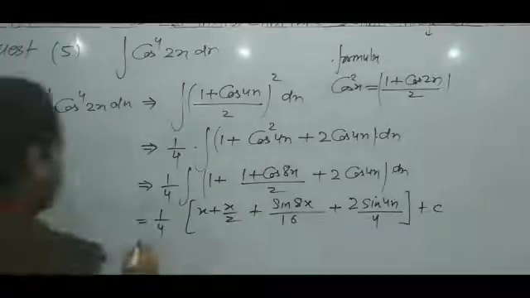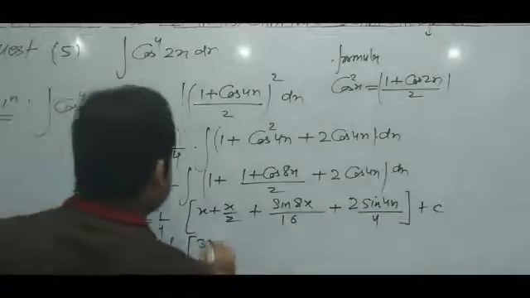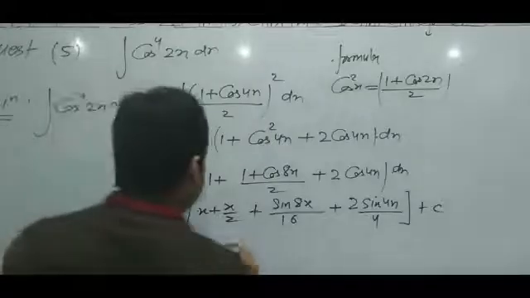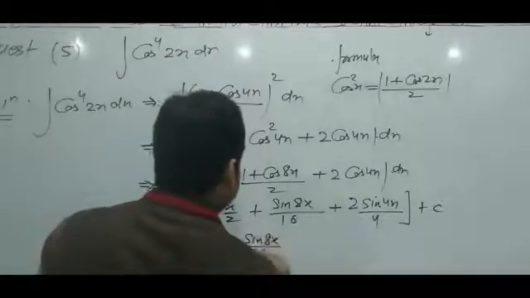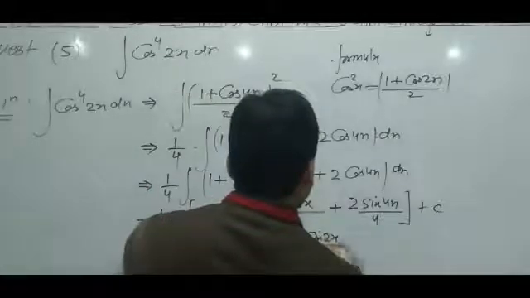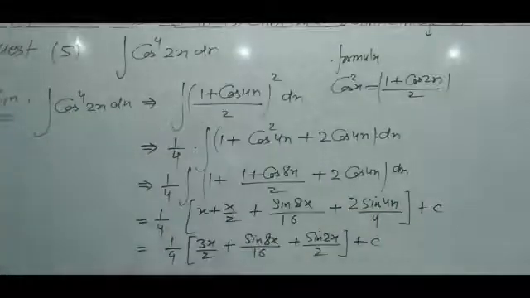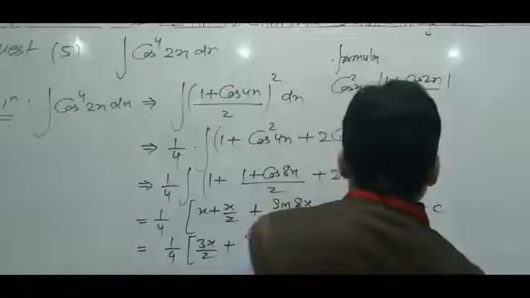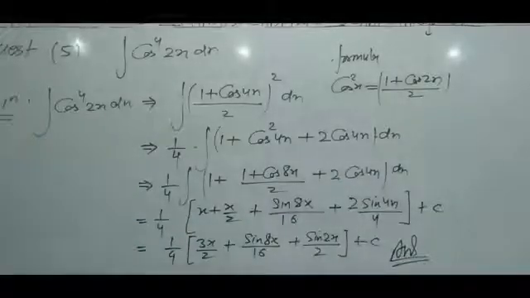So 1 by 4, this result is 3x by 2, and now plus sin 8x by 16, and this 2 will cancel from 4. So this is the answer. Now this question is completed.